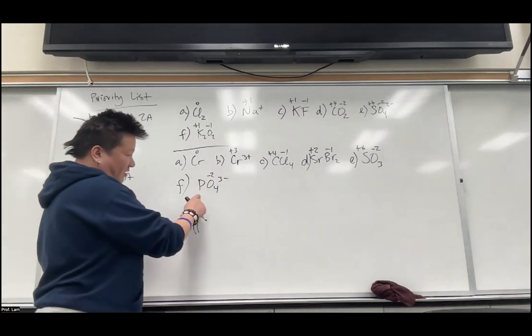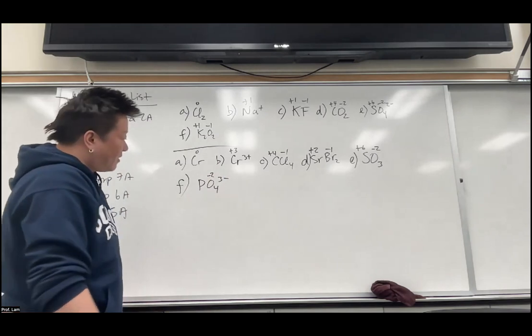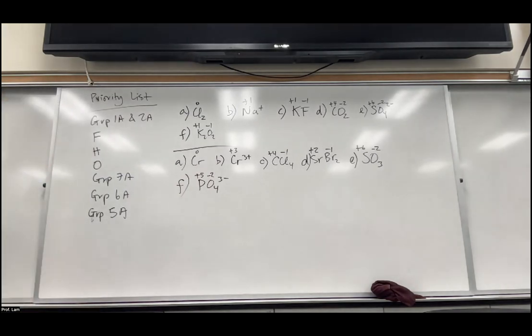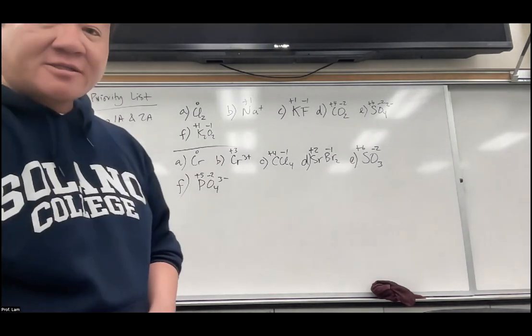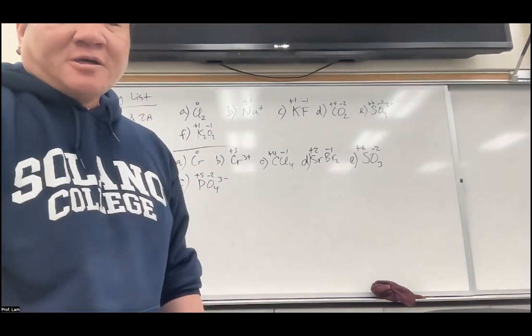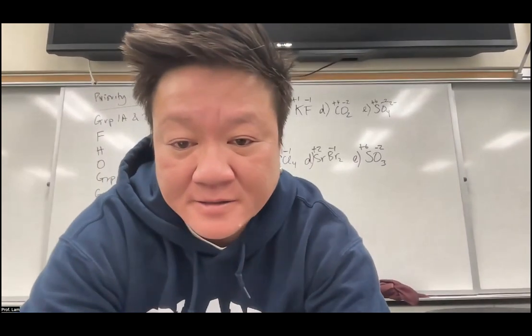What does phosphorus have to be to have a -3 left over? Well, it has to be +5. Okay. -8 plus 5 gives you -3. Okay. So is that clear, everybody? Doing the oxidation state? Okay. All right. Let's go back to the slides.